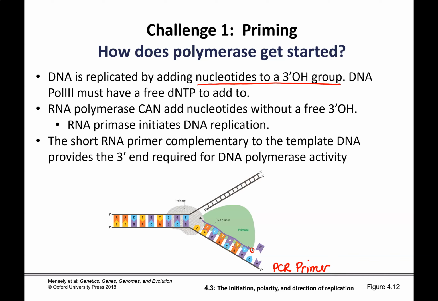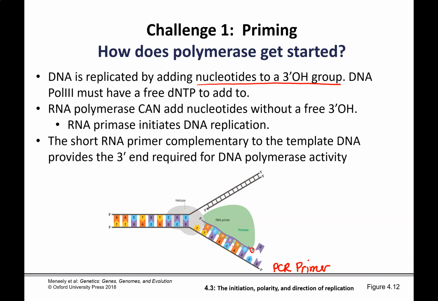So the first thing we're going to do is bring in another enzyme called primase. Primase is an enzyme that can add RNA molecules to the DNA strand without that free 3' end.